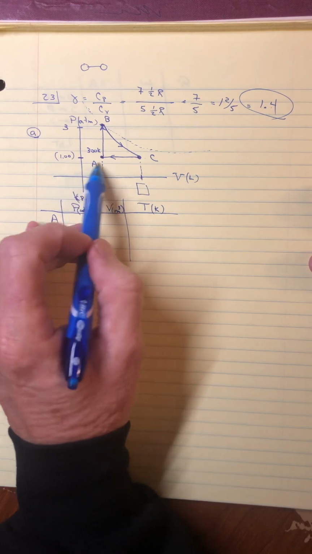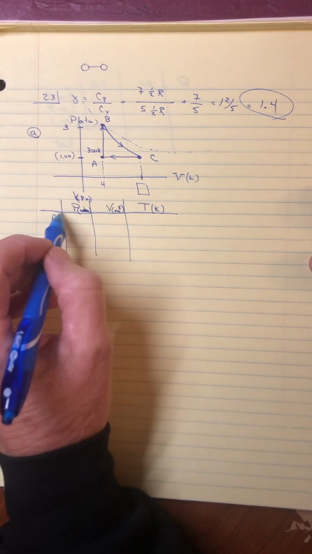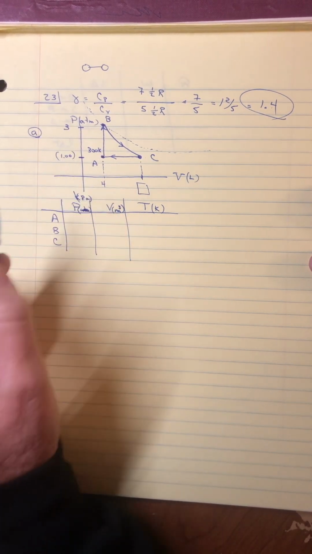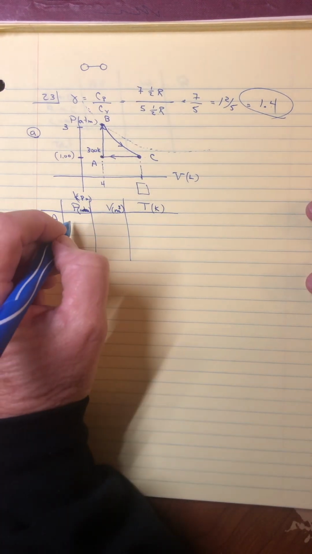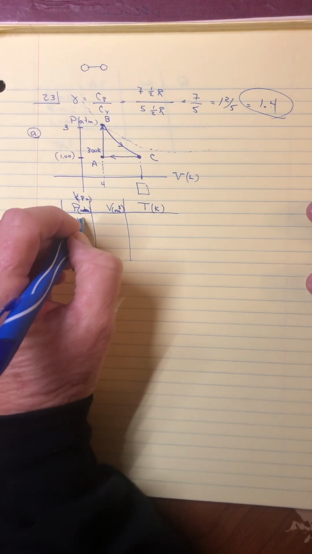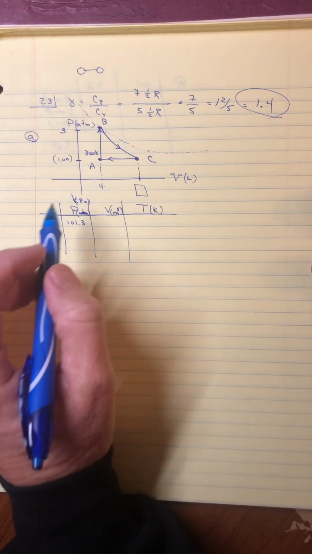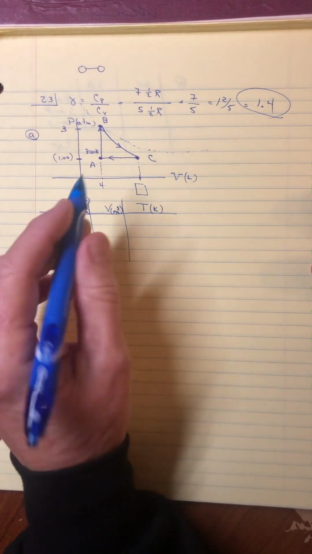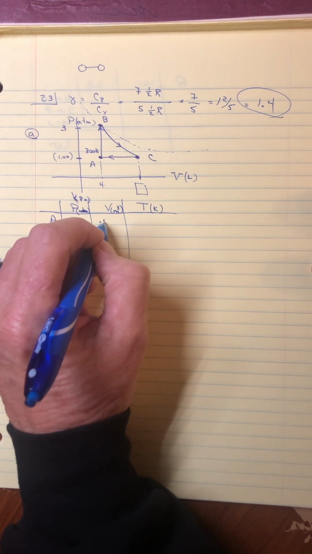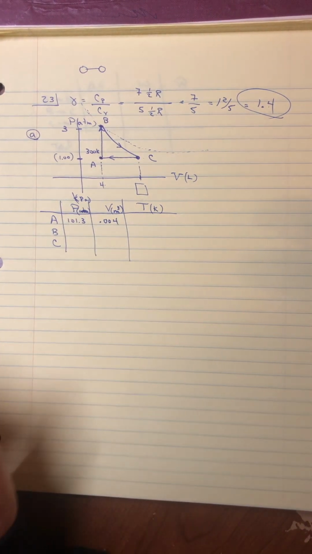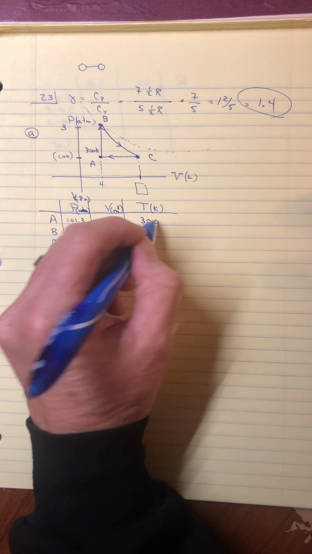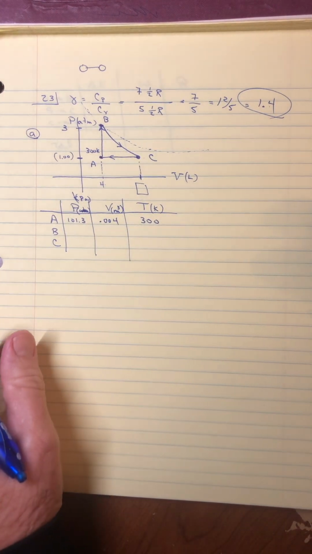And so if you look at A right here, they tell us the pressure, and they give us 1 atmosphere, which we know that to be 101.3 kilopascals. And the volume, they say, is 4 liters, but there's 1,000 liters, so move the decimal 3, and so it's 0.004 for its volume, and its temperature is 300. And those are directly given, other than I got to change units.